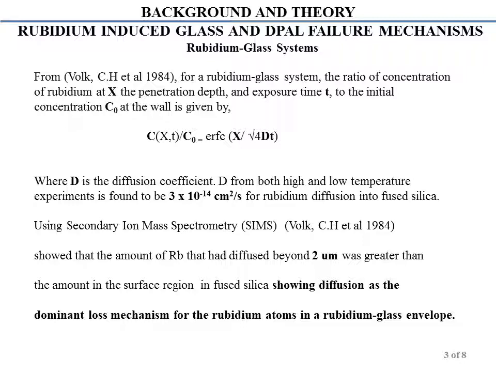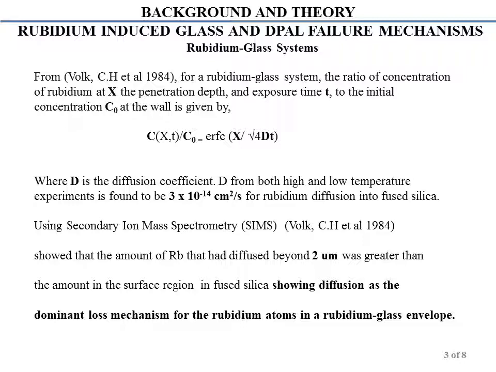It's basically the ratio of the penetrated rubidium over the initial rubidium, which is a function of the penetration depth divided by the square root of 4 times the diffusion coefficient times time.